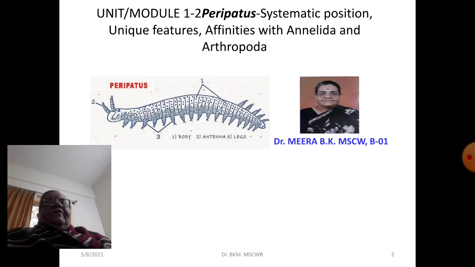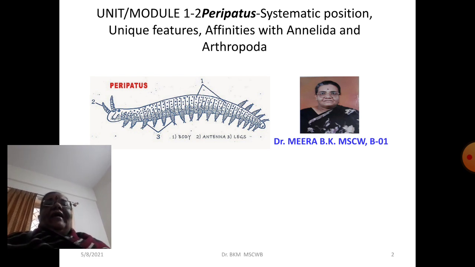Now, what you are seeing is the line diagram of the Peripatus, what we are going to learn more about today. You can see an almost caterpillar-like structure, and what makes this genus so special is that it has become a point of interest for zoologists.